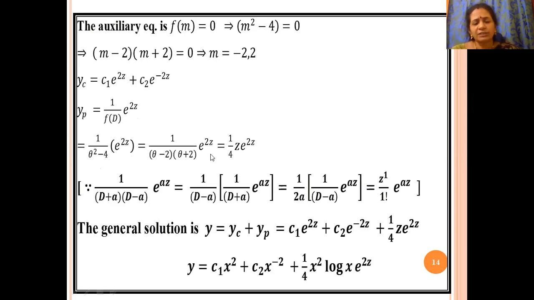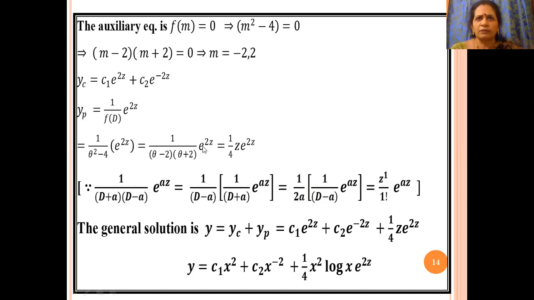Now for this we have to apply another formula. Different patterns are there. In the first problem, we directly substituted the b value because it is a single exponential function, and we also have to observe that the denominator should not be equal to 0.